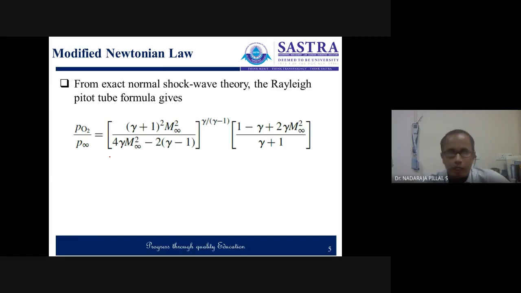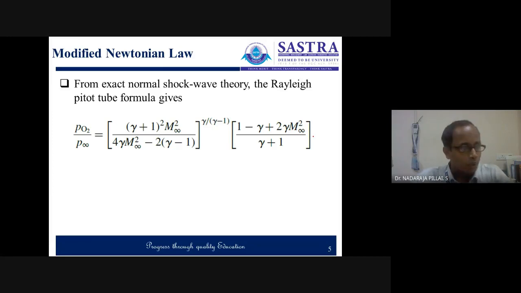Now, we already know the normal shock wave theory. We have gone through the Rayleigh Pitot tube formula, which says that P naught 2 by P infinity is equal to [(gamma plus 1) the whole square into M infinity square by (4 gamma M infinity square minus 2 (gamma minus 1))] the whole power gamma by gamma minus 1, into (1 minus gamma plus 2 gamma M infinity square) by (gamma plus 1).